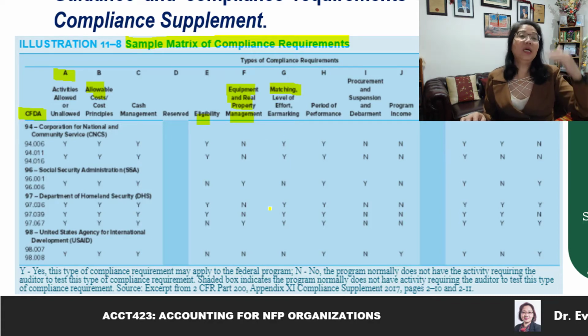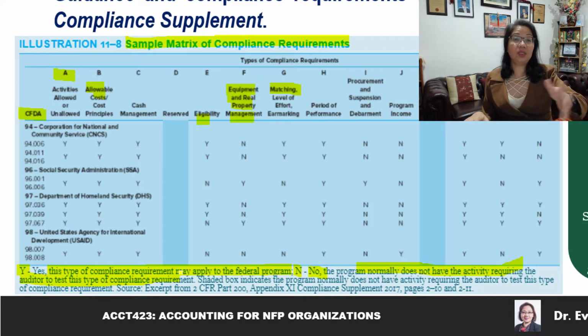And the auditor states whether it's a Y, yes, and a no, N. So Y is yes, this type of compliance requirement may apply to the federal program, and N, no, the program normally does not have the activity requiring the auditor to test this type of compliance requirement. So this is just an example of how the auditor administers this uniform guidance and compliance requirements.